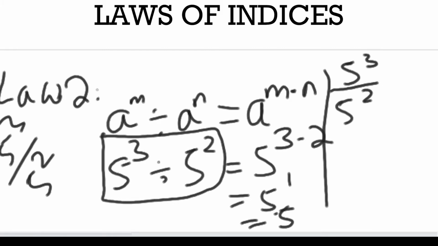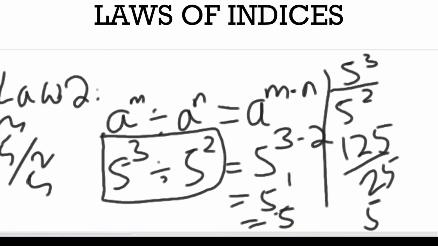Now 5 to the power 3 is 125 and 5 to the power 2 is 25. We divide both, and the answer is 5. These are again the same, so our law has been proved right.